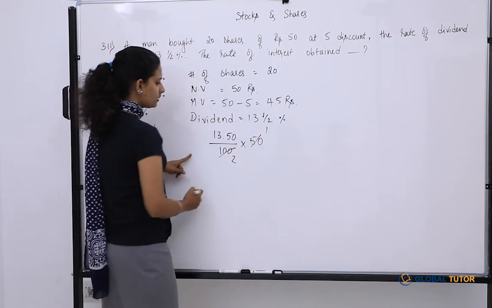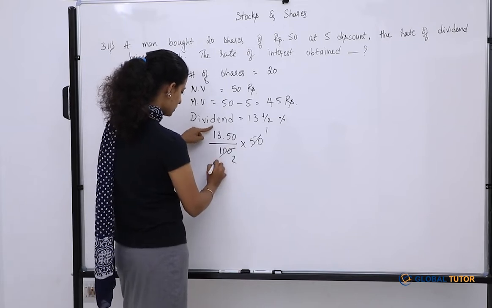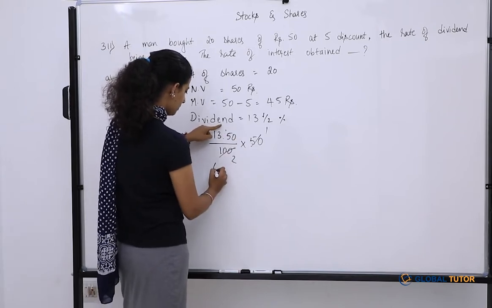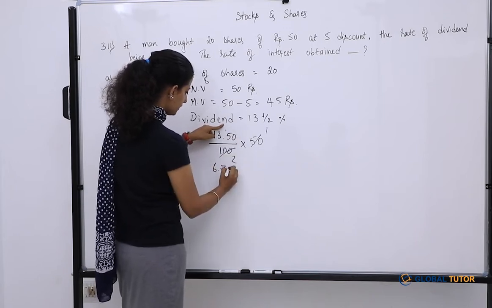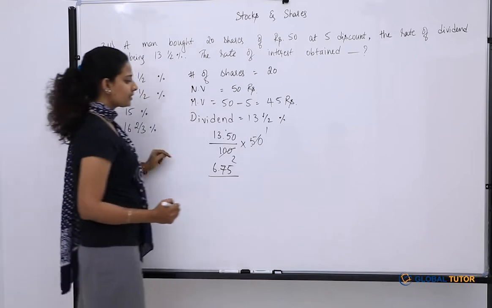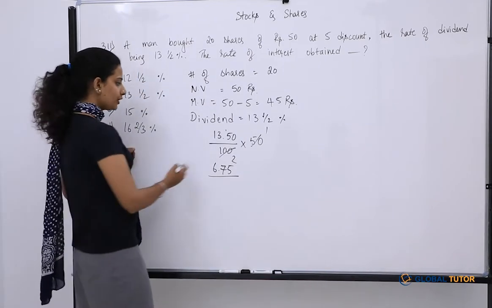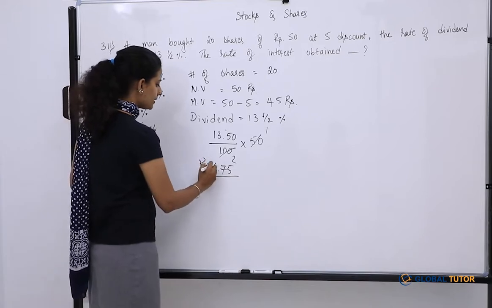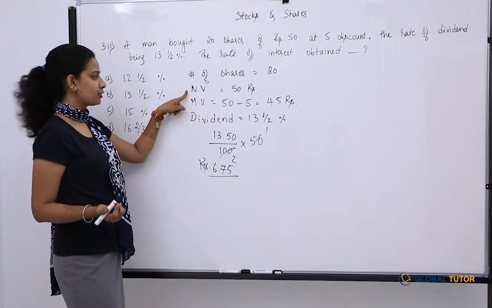So this will be 6.75 rupees is the dividend. So here we got the dividend, which is rupees 6.75 on the nominal value, which is 50 rupees.